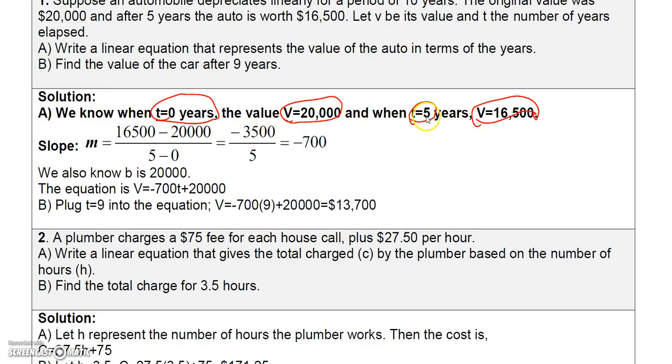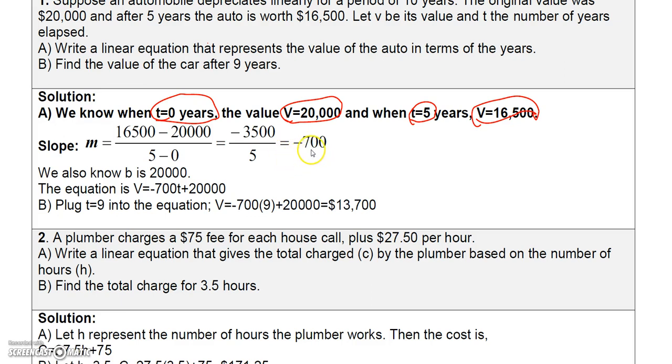And then for the T's, take the second T value, which is 5, and subtract the first T value, which is 0, and it's going to give me 5 minus 0, which is 5. So now that's going to give me the slope of negative 3,500 divided by 5, which is negative 700. So I know the slope of the line is negative 700.